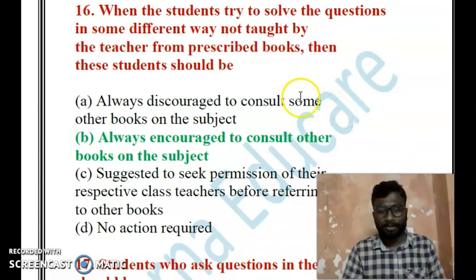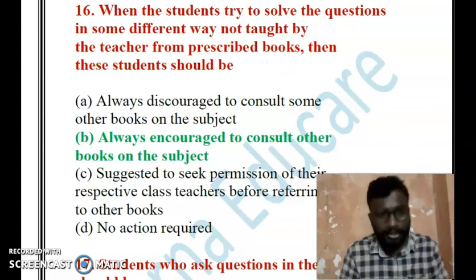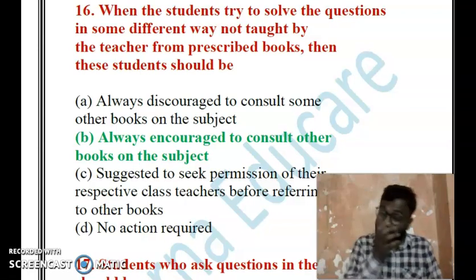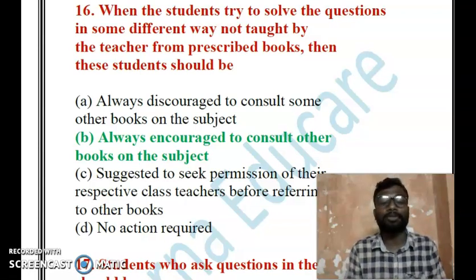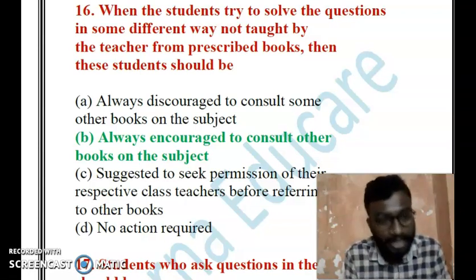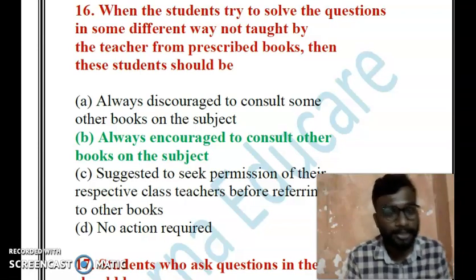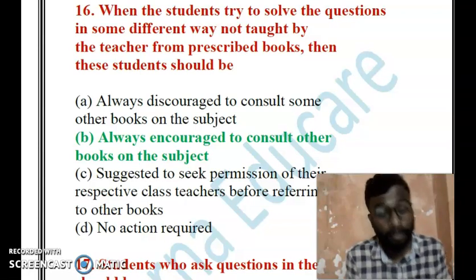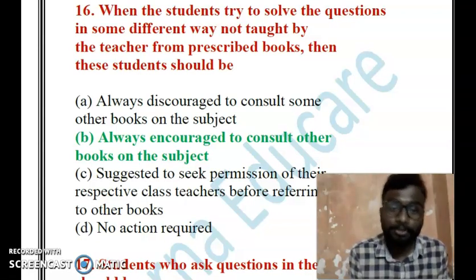When a student tries to solve the questions in some different ways, not taught by the teacher from prescribed books, then should the student be discouraged or encouraged? Yes, he or she should always be encouraged to consult other books on the subject. Yes, it is really very important. Learning from a single book is not a good solution for learning, but referring to many books will give good learning.